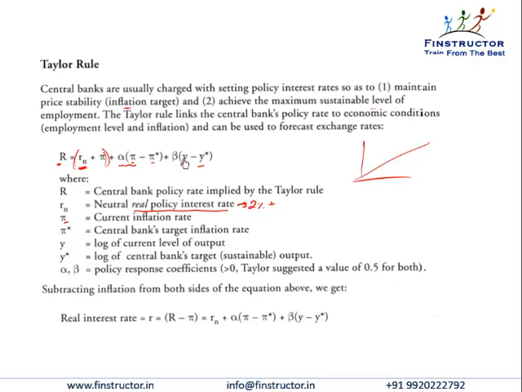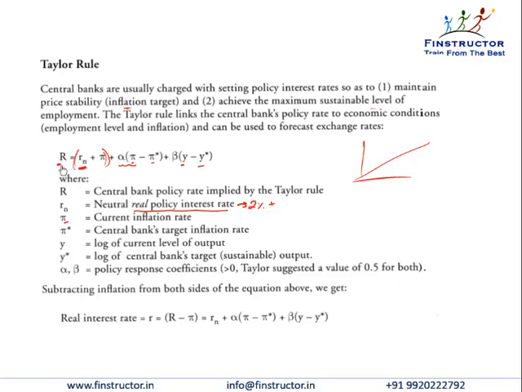Similarly, if GDP growth is much lower than the target, then again the government needs to stimulate investments and growth in the economy, and that will be done by lowering interest rates, because at lower interest rates people will be able to borrow, set up enterprises and grow the economy. So again, if the current GDP is much lower than the target, this term will add a negative factor to the neutral rate, decreasing the rate of return that the central bank may want to keep.